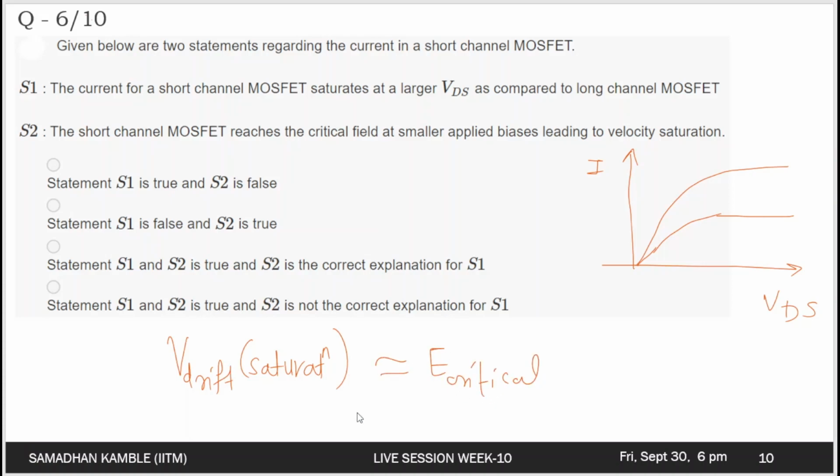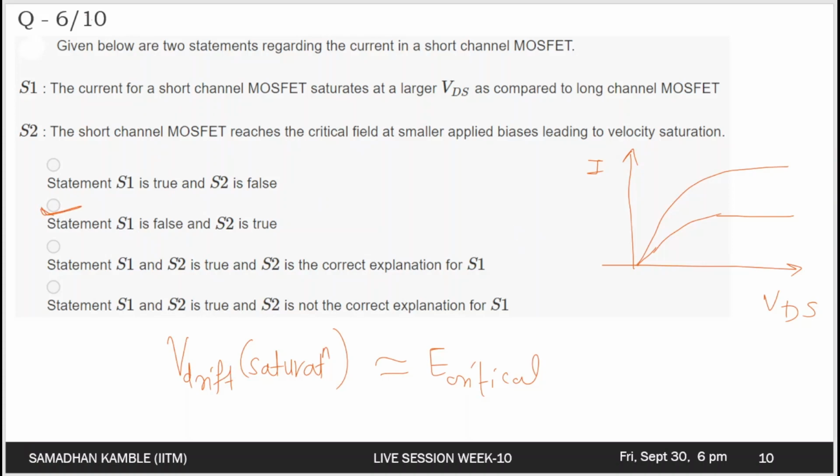And we saw that for the short channel, the electric field is close to the E critical value. So the short channel MOSFET reaches the critical field at smaller applied biases compared to the long channel MOSFET, and hence it leads to velocity saturation. So the first statement is false and the second is true. So option B is the correct option.